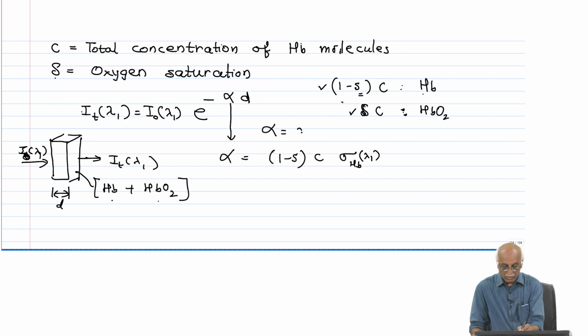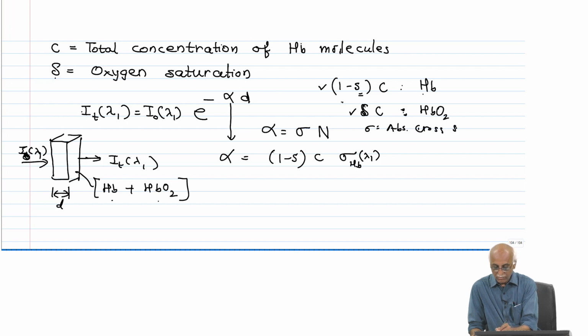Absorption cross section into concentration of molecules, sigma into n, where sigma is the absorption cross section, in centimeter square, and n is, as in the previous class, the number of molecules per centimeter cube.